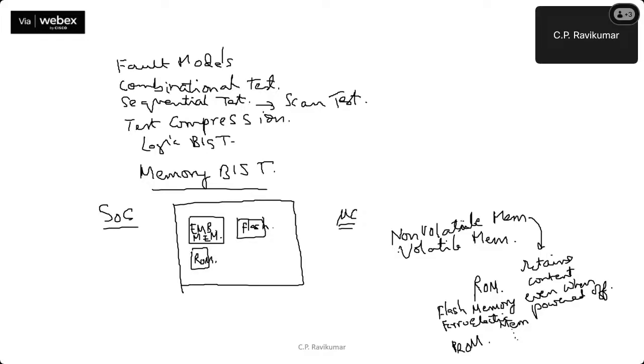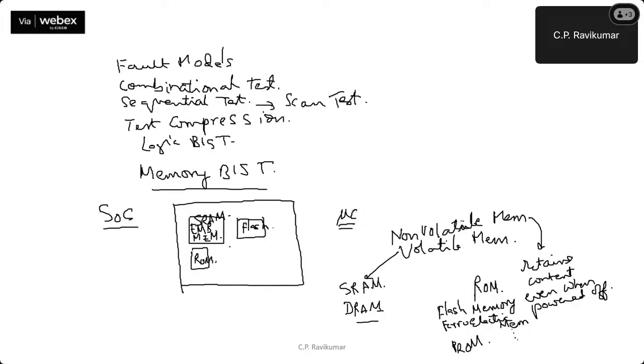Volatile memories consist of things like SRAM, right? DRAMs also come under this volatile memory category, but it is not very common to find DRAMs embedded. So we do have SRAMs, and there may be many of these.